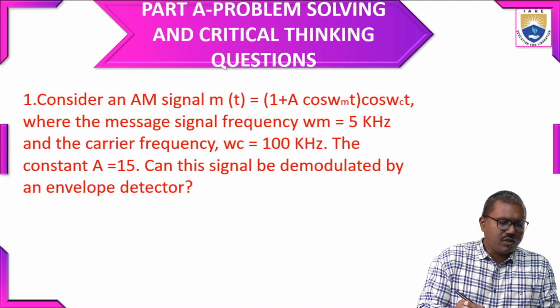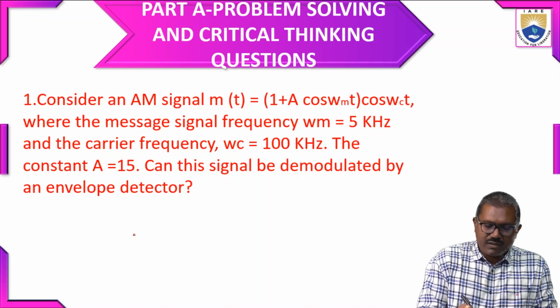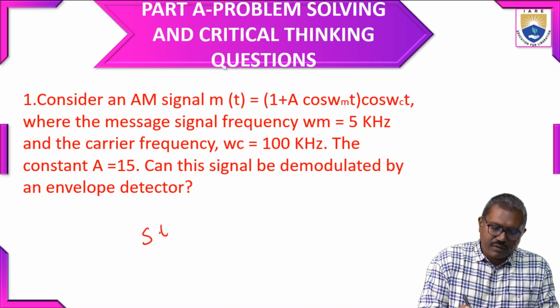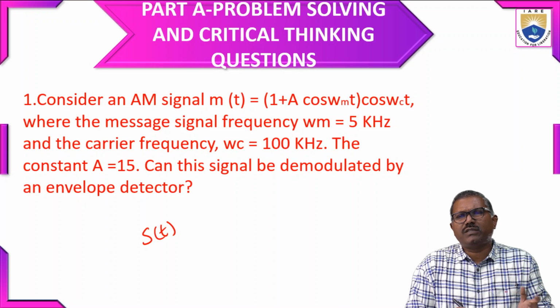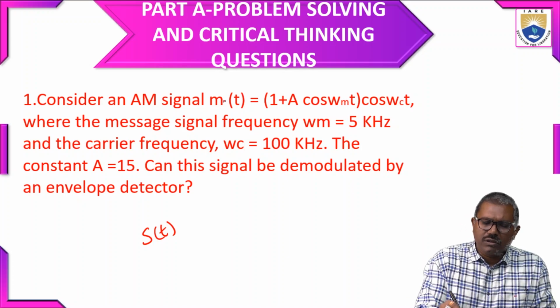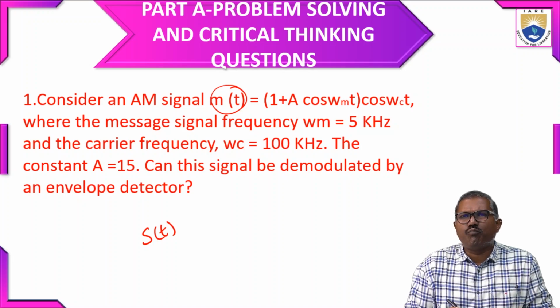Generally, the modulated signal is represented as S of t, and M of t is the message signal and C of t is the carrier signal. But in some textbook notations, they may use different notations. But generally, any modulated signal can be represented as S of t.